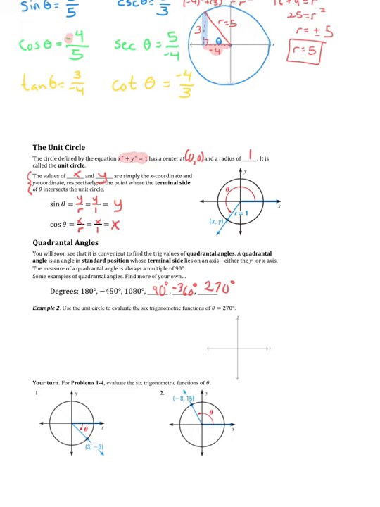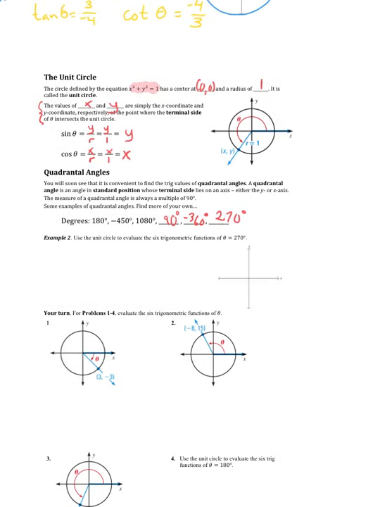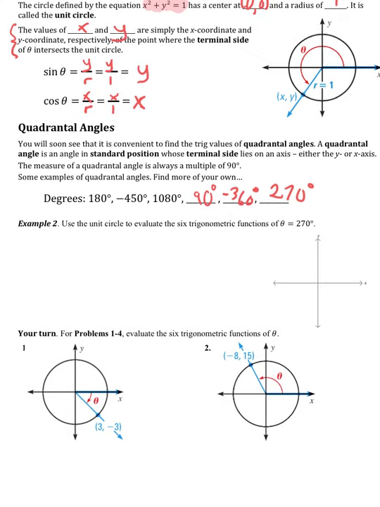And the reason we will talk about these types of angles specifically is because those are the only angles where I can't form a triangle with the x-axis. So that's what example 2 is going to be looking at here. For example 2, it says use the unit circle to evaluate the 6 trig functions.